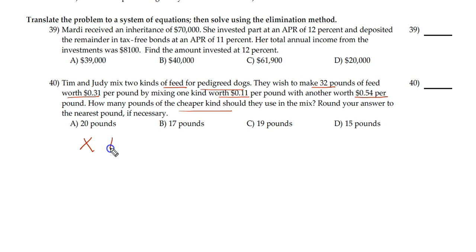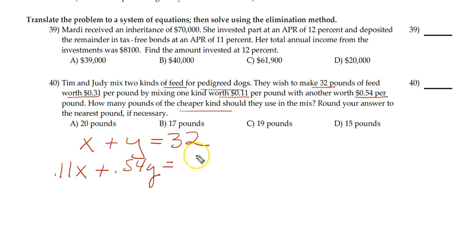So x plus y equals 32. Now the x is worth 11 cents. The y is worth 54 cents.